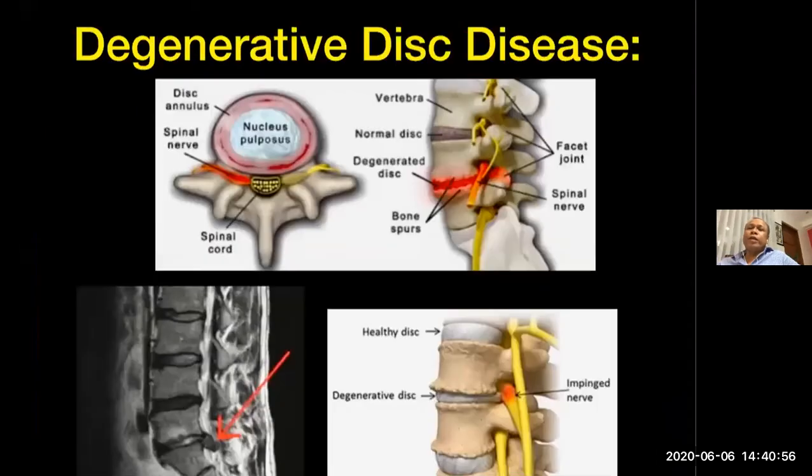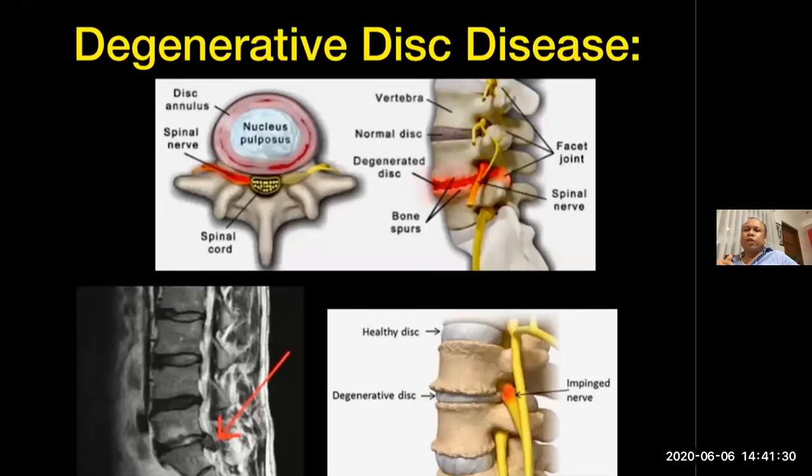Now, the more interesting part, of course, is the degenerative disc disease. This particular disease is very common in the spine, and as early as 25 years old, we can already have signs of a slow degenerative process. What happens here is that there is a cartilage-related disease that is already beginning to degenerate because of our repetitive activities.